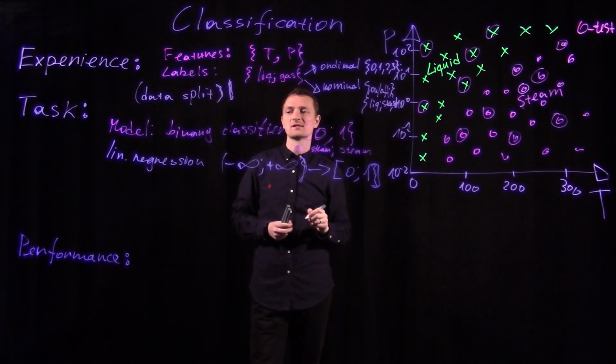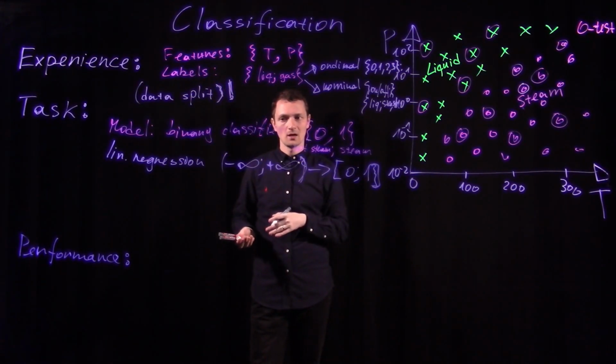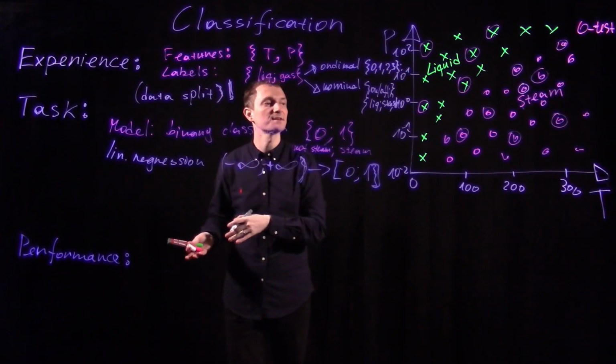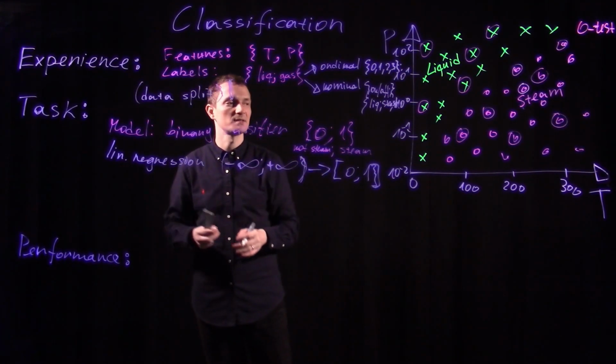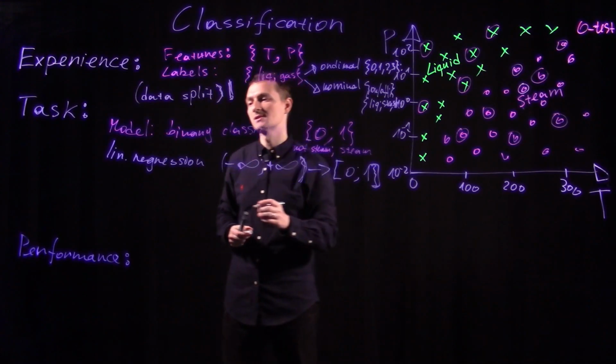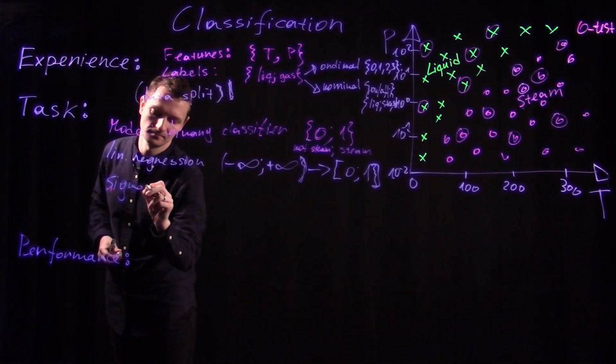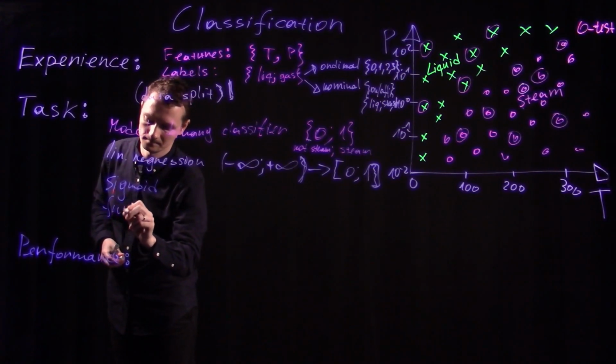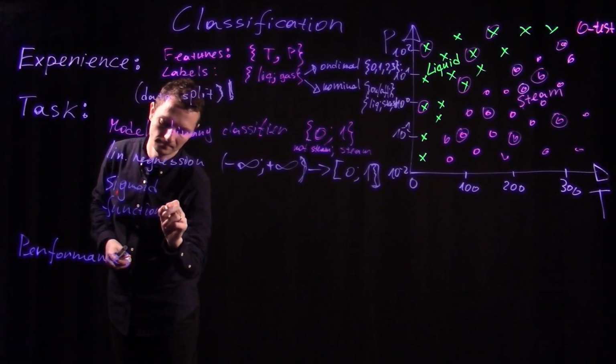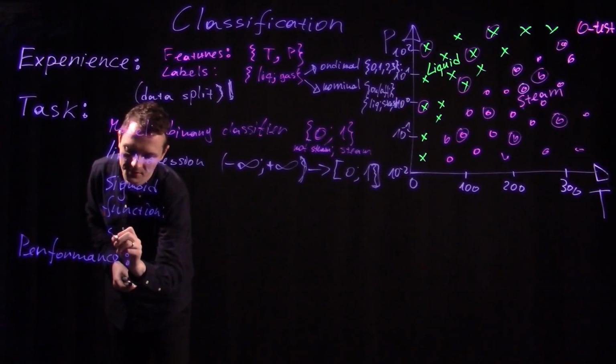And this transformation for logistic regression type of model we are considering right now will be so-called sigmoid function. It has a very simple equation.